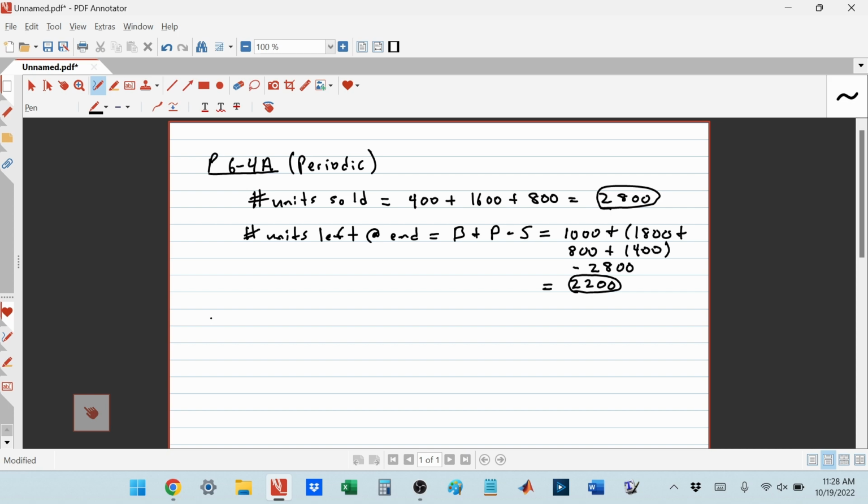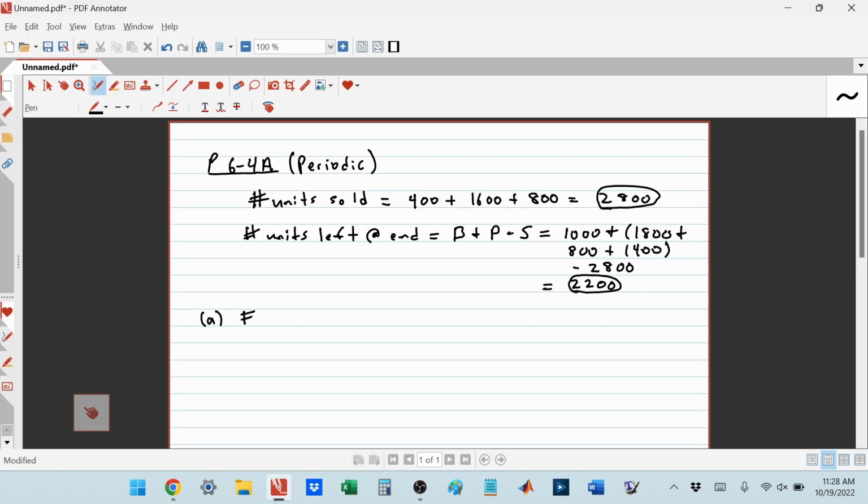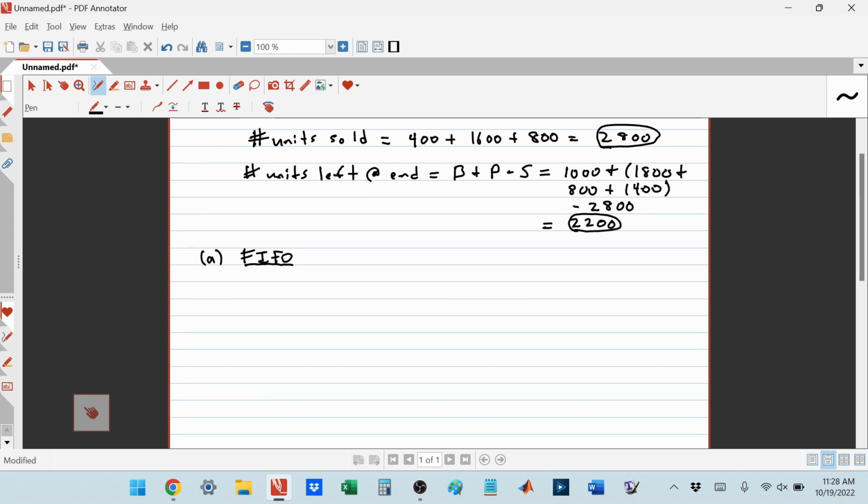And let's first do FIFO. So whether we use FIFO, LIFO, or weighted average, let's summarize. Let's talk about what are we estimating? If you think about the inventory T account, we're given beginning inventory.